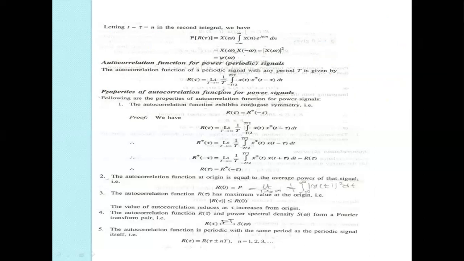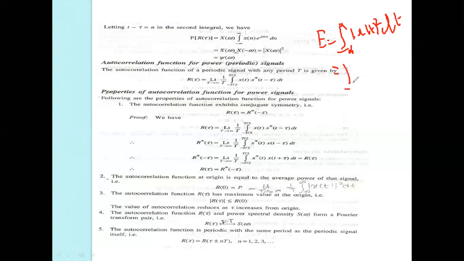Now the properties of the autocorrelation function for periodic signals. The energy of a signal is the integral from minus infinity to infinity of the squared magnitude of x of t dt. What does power mean? The power of a signal is the limit as T tends to infinity of 1 by T, because power signals are all periodic signals only.